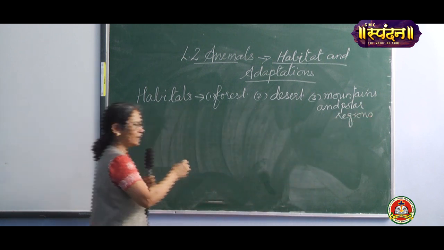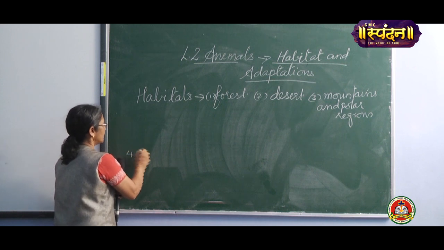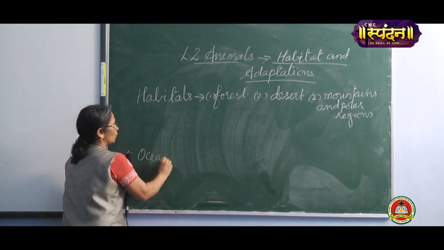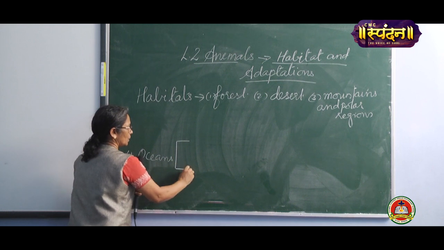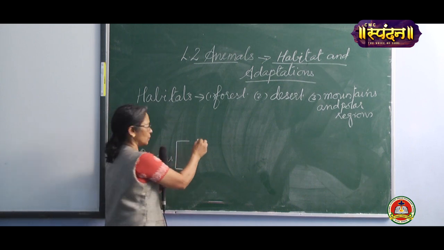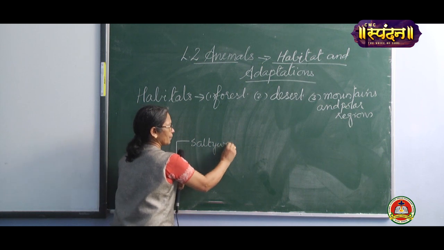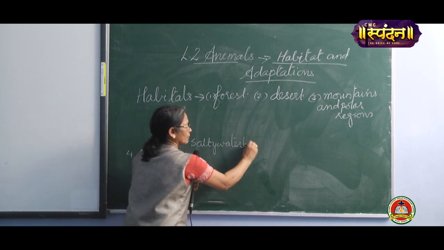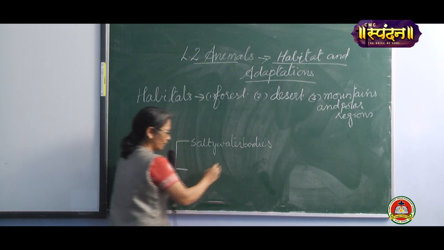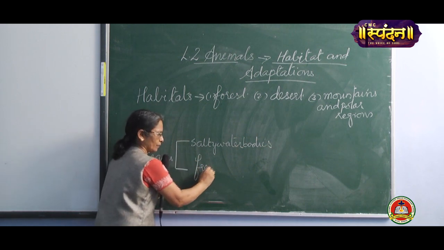Then we have the fourth one, that is oceans. In oceans we have 2 divisions. One is salty water bodies and the second one is fresh water.